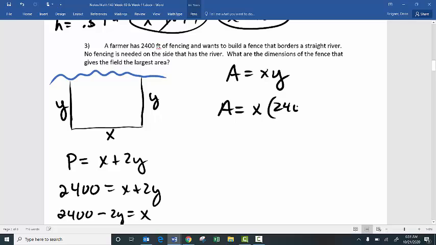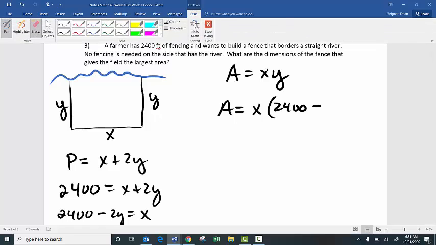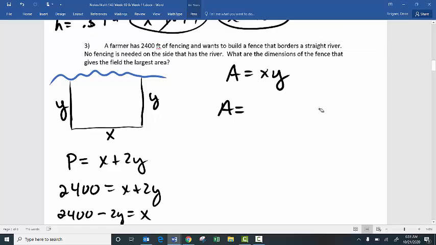I'm going to put in 2,400 minus, whoops, we have to do it the opposite way. We've got to get rid of the x's, or the way I have it. So for x, we got 2,400 minus 2y, and then times a y there. Okay, so now we have all y's.